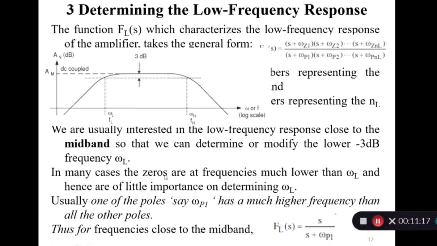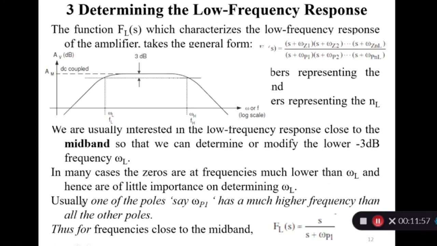In many cases, the zeros are at frequencies much lower than omega p, and hence they are of little importance in determining omega L. For zeros, the frequency is too low, so less impact.